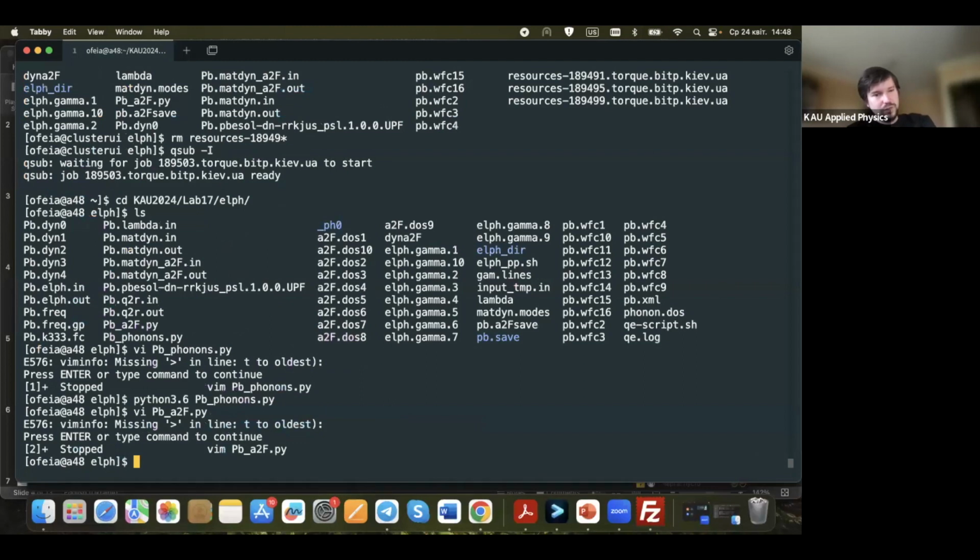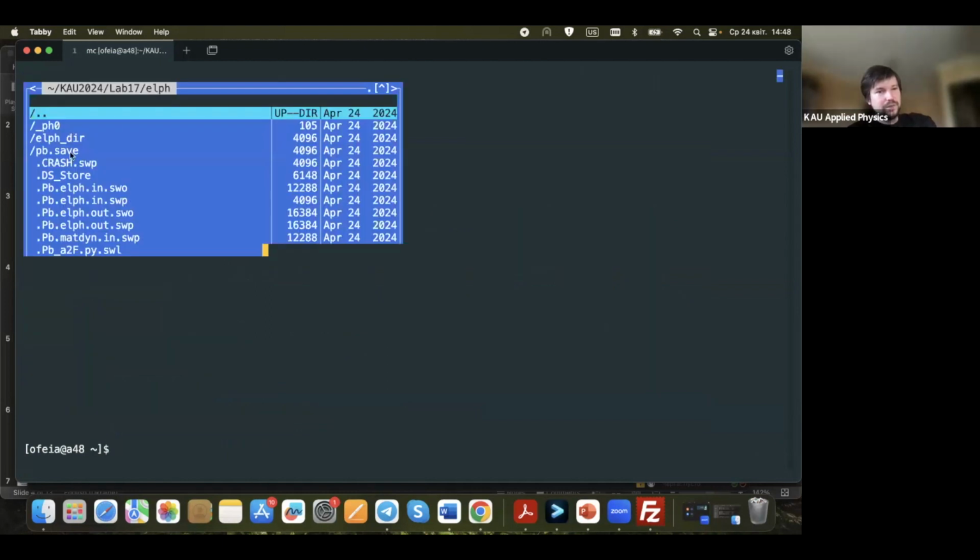I want to launch it with Python. It's almost the same script as we used for DOS, because the files are the same. I will show you this file.